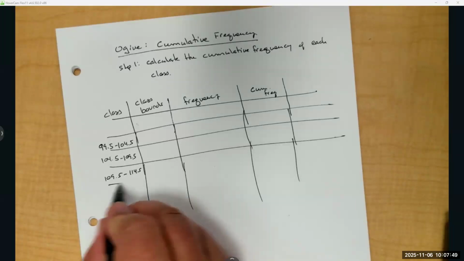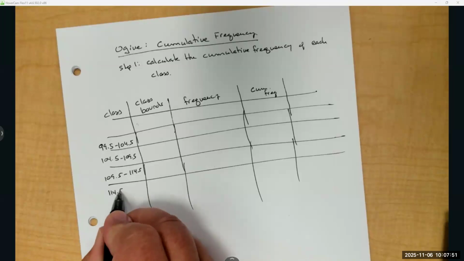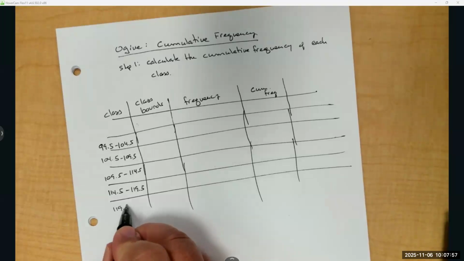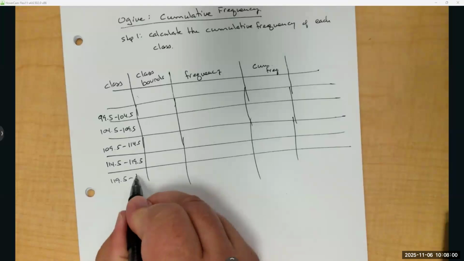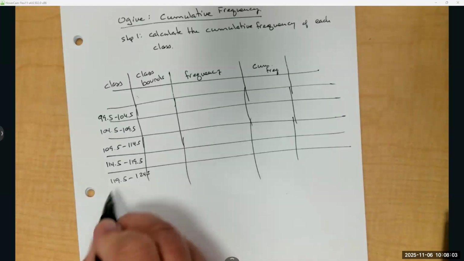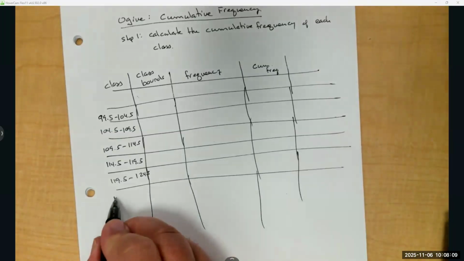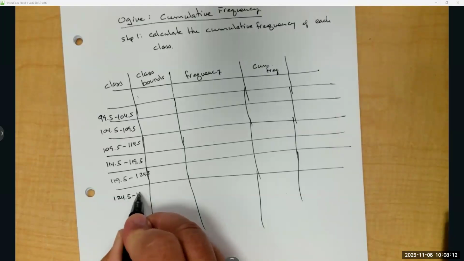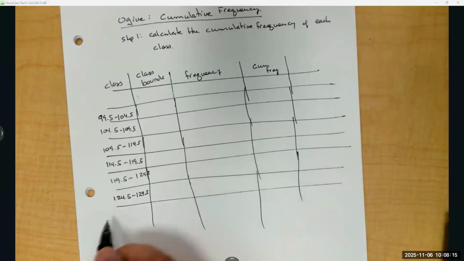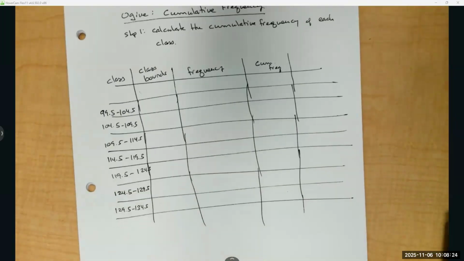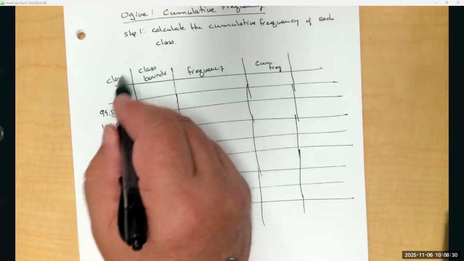I might as well do it all. 114.5 to 119.5, 119.5 to 124.5, 124.5 to 129.5, 129.5 to 134.5. These are the bounds.